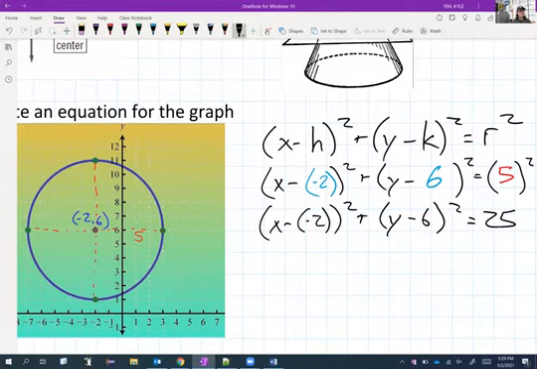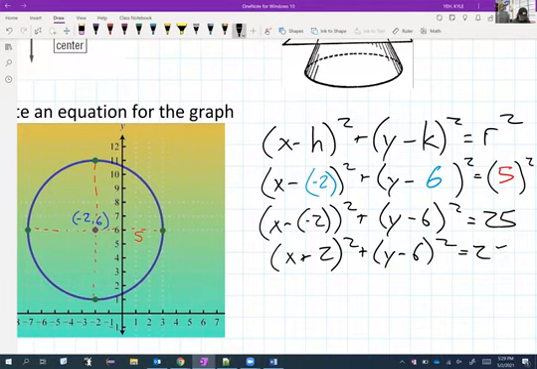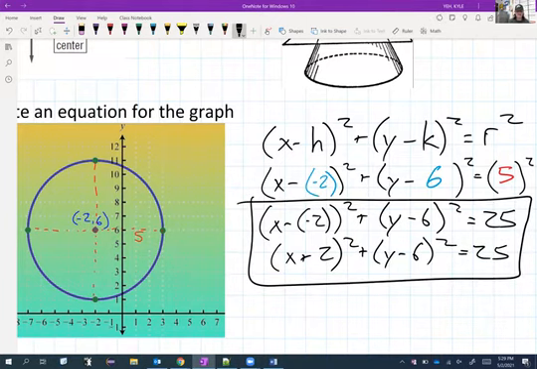If we wanted, that's a great way to leave this answer. If that x minus a -2 is bothering you, then just change it to x plus 2. Nothing wrong with that. I actually kind of like the top version in the boxed answer here, because then it jumps out at me, that x coordinate's -2 there for the center of my circle.